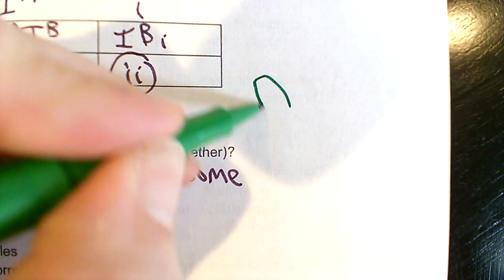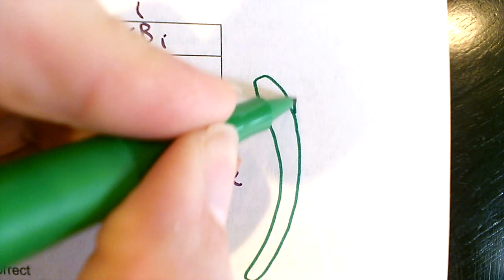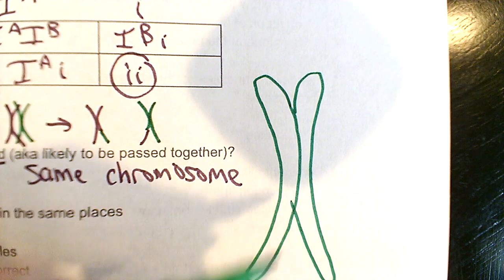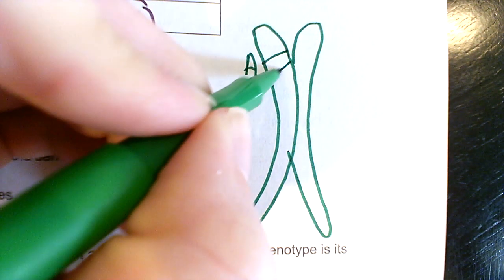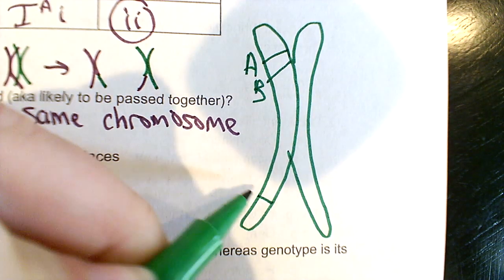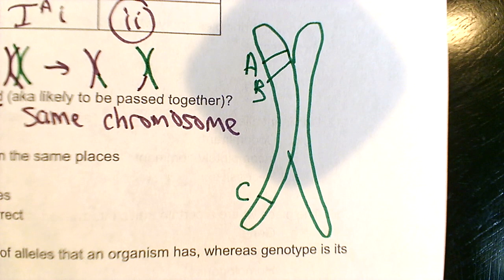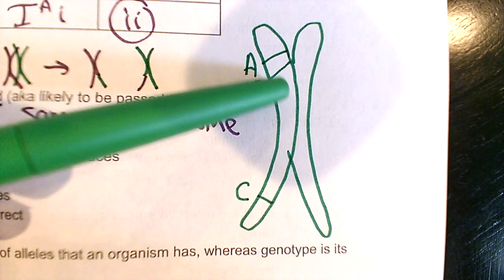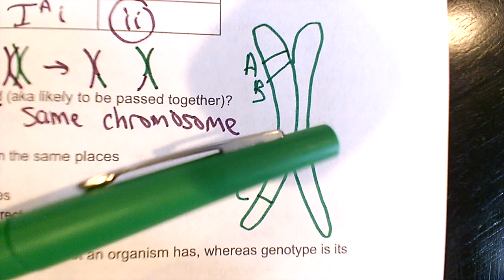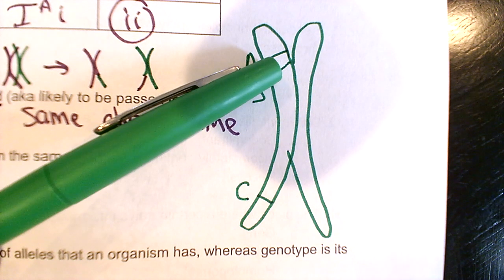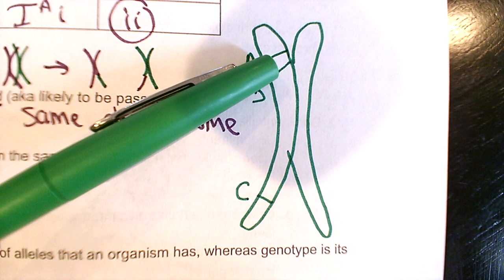But if you have, I'll try and draw a big one here. Okay. So maybe here's my chromosome. If I have a gene here and a gene here and a different gene way over here, okay, so crossing over can happen anywhere. Okay? A and B are really close together, so the likelihood that crossing over is going to happen right here is pretty small.